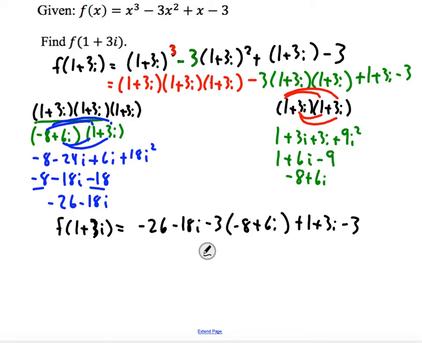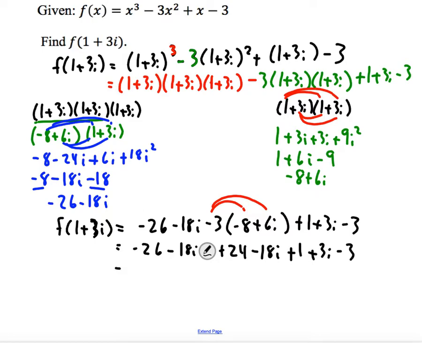All right, so now let's distribute that negative 3 through. And then we can simply combine all our like terms.